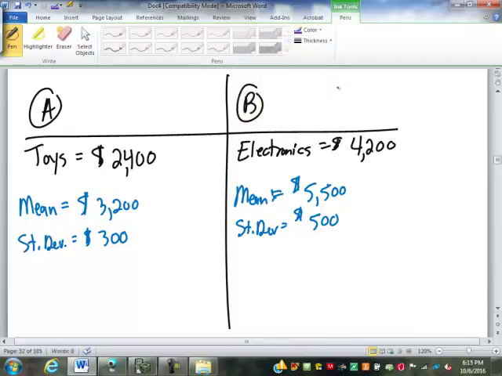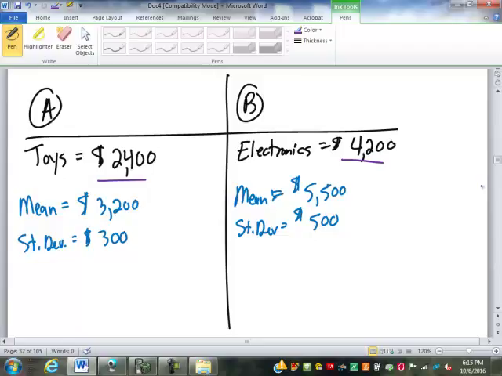So now we're going to take a look at how each of them compares to their own population. We can't compare toy sales to electronic sales because electronics are generally in higher demand, usually higher priced. I'd much rather buy a toy truck for my kid than buy a new television set.